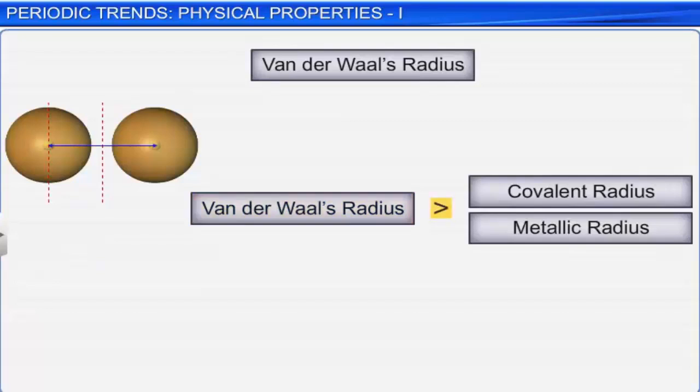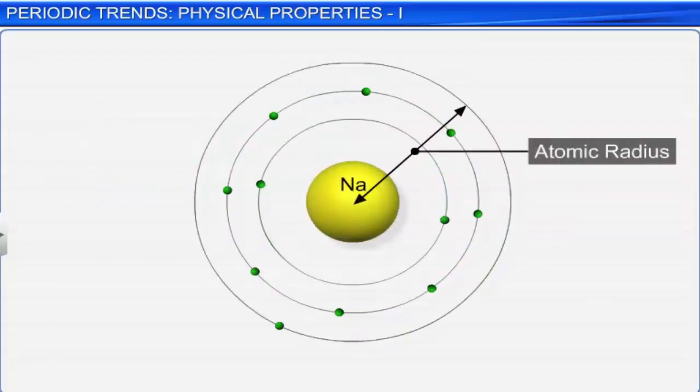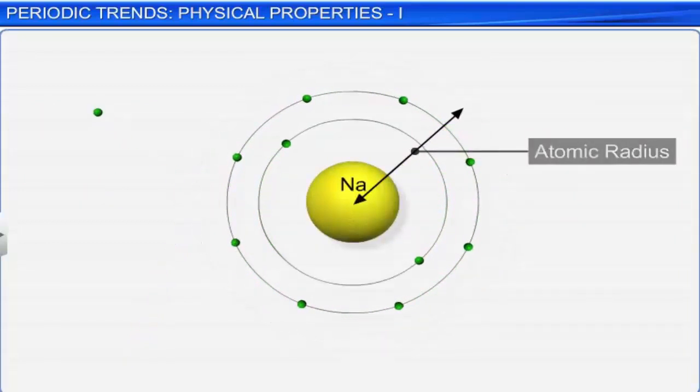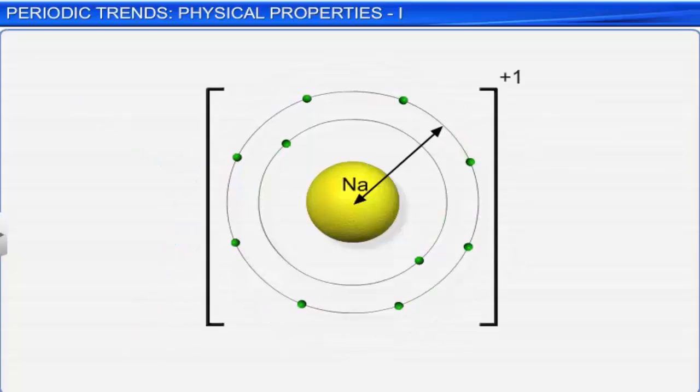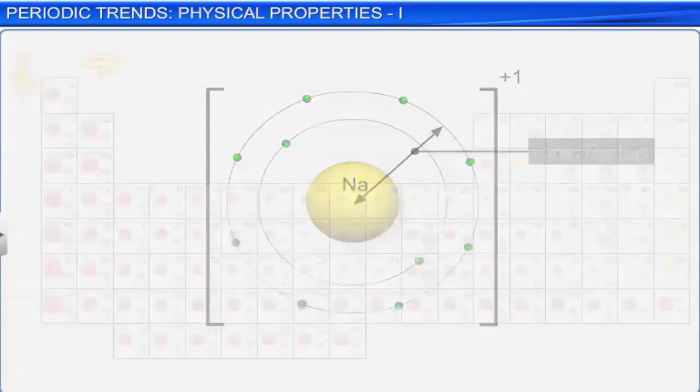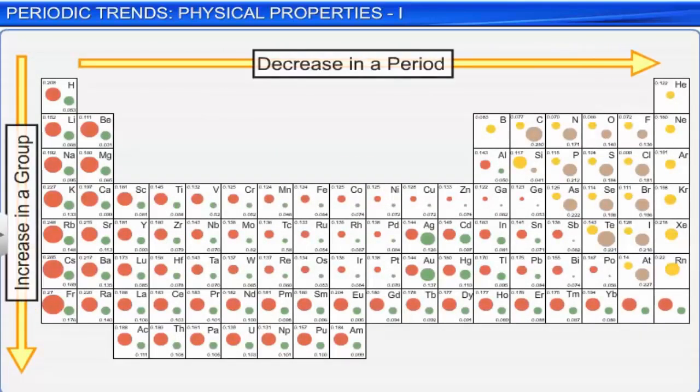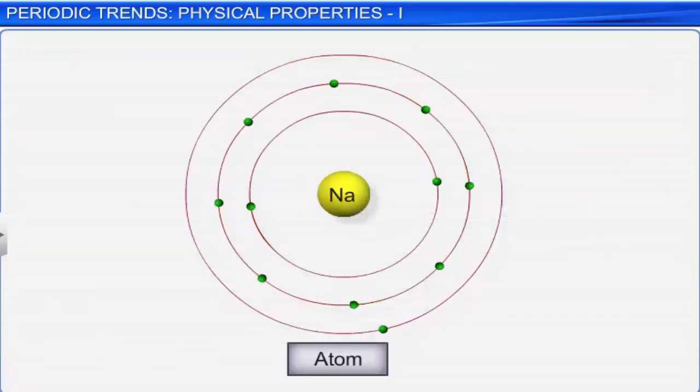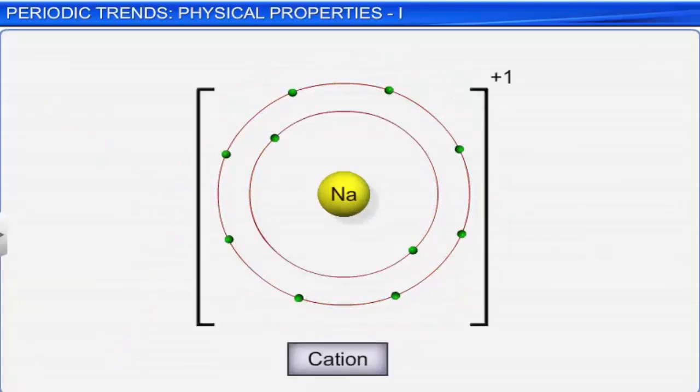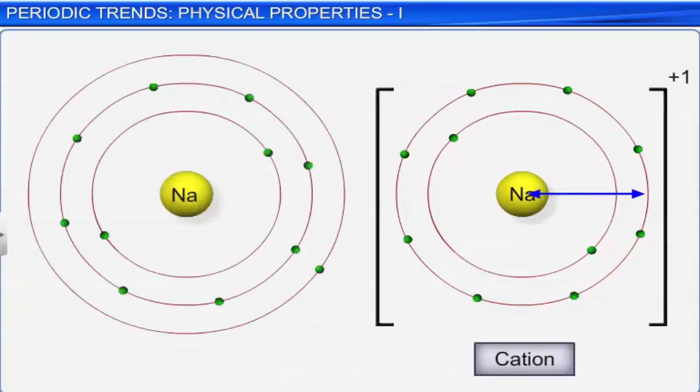The radius of an atom changes when it loses or gains an electron to form an ion, and the resultant radius is called ionic radius. Ionic radii exhibit the same trend as the atomic radii. When an atom loses an electron, it forms a positive ion called cation. The radius of a cation is always smaller than its parent atom because, while the nuclear charge remains the same, the number of electrons is decreased.